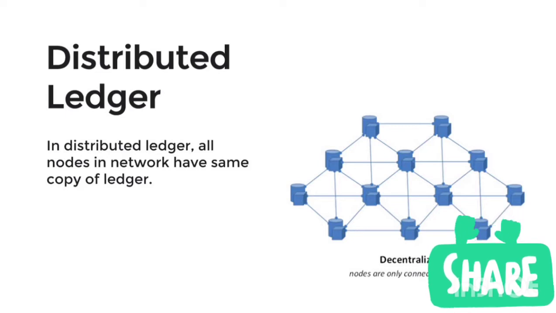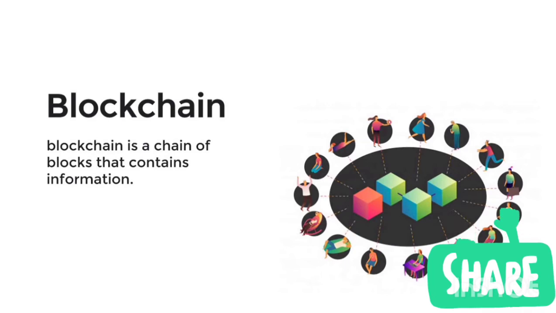Now let's jump into basics of blockchain. Blockchains are incredibly popular nowadays. But what is a blockchain? How do they work? What problems do they solve and how can they be used? Like the name indicates, a blockchain is a chain of blocks that contains information.